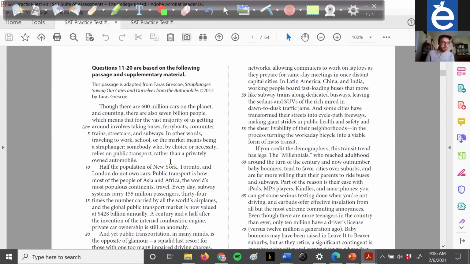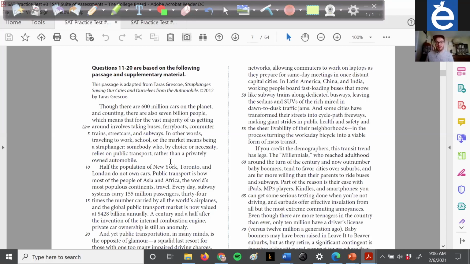So hopefully you remember that there are only a few different kinds of passages. We might be faced with a narrative fiction passage, one that just tells a story. We might be faced with a historical passage, which gives an excerpt from a larger writing that was written 100, 200 years ago.